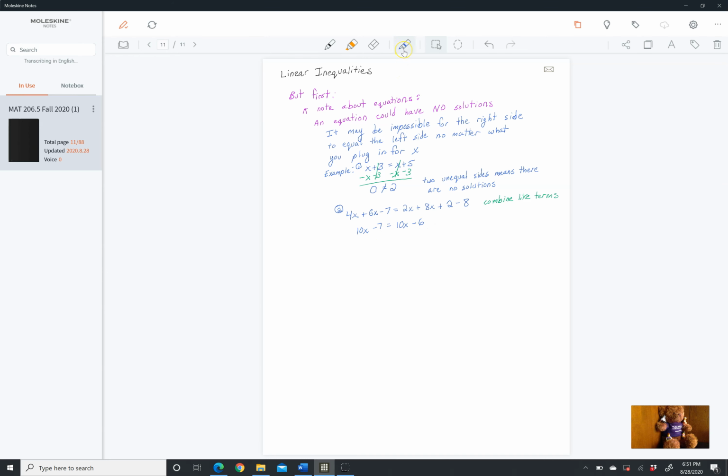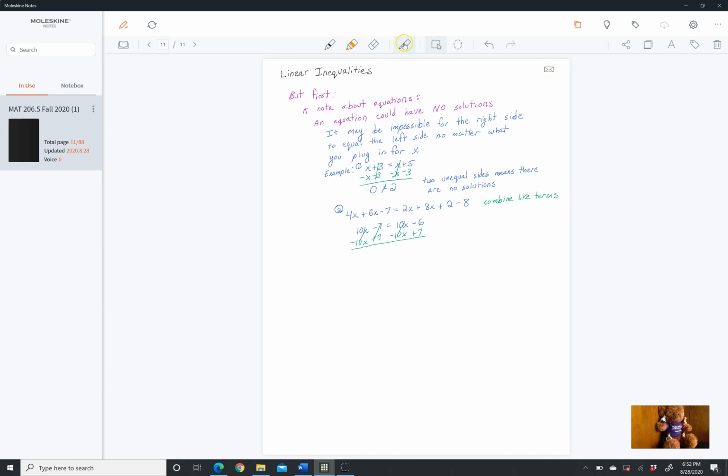But once again, we can just go through the work here, and you'll see you can subtract 10x from both sides, and let's say add 7 to both sides. And the 10x actually cancels in both locations.